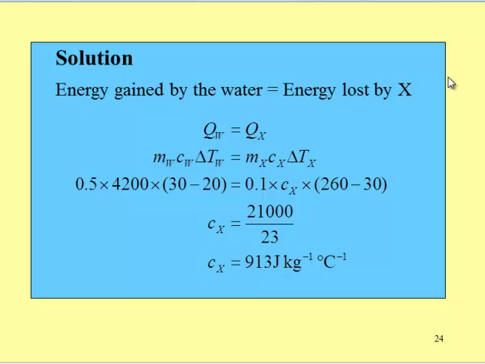My hot block has changed from 260 degrees down to 30 degrees, so a change of 230 degrees, and I know that the mass of the block is 0.1 kilograms. So that allows me to work out the specific heat capacity of that block as 913 joules per kilogram per change in temperature. Again, we're still using the same specific heat capacity, but here we're saying energy gained is equal to energy lost.